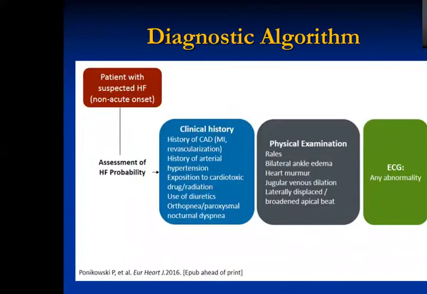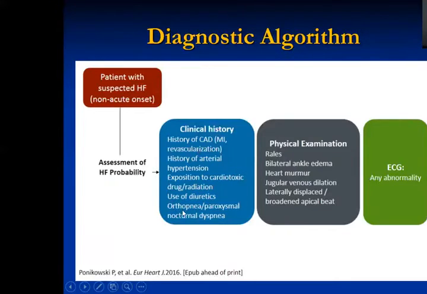Now, after discussing all the definitions, pathophysiology, and other strategies, let's come to the diagnostic algorithm: how to approach a heart failure patient. A patient with suspected heart failure and non-acute onset: assess heart failure probability. In clinical history, you need to go through history of CAD, MI, arterial hypertension, exposure to cardiotoxin, use of diuretic, orthopnea, PND.